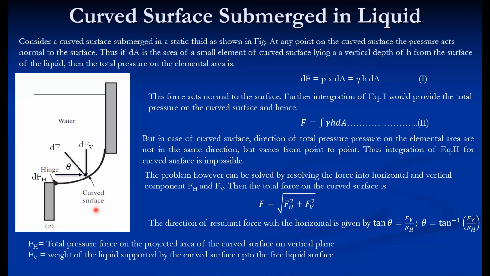While Fv is nothing but the weight of the liquid supported by the curved surface. So up to this particular point, the weight of the liquid is supported by the curved surface. So Fh and Fv we can calculate, and then using this expression, we can calculate the total pressure acting on the curved surface.